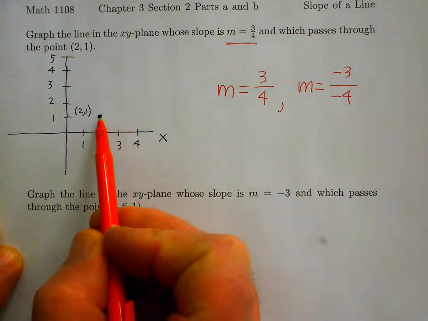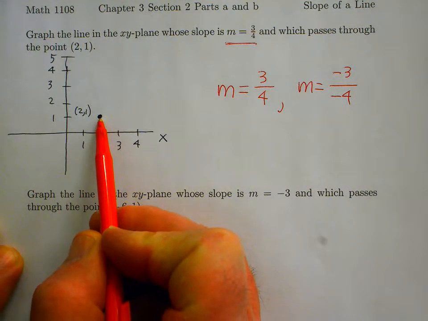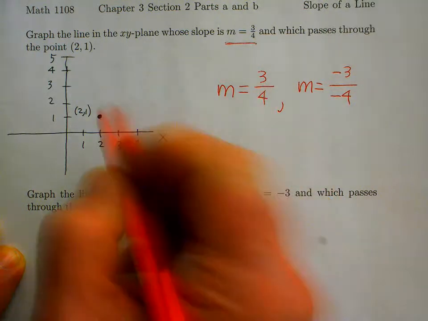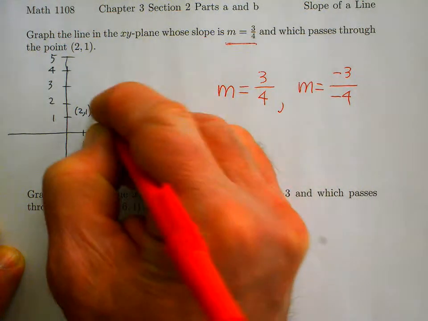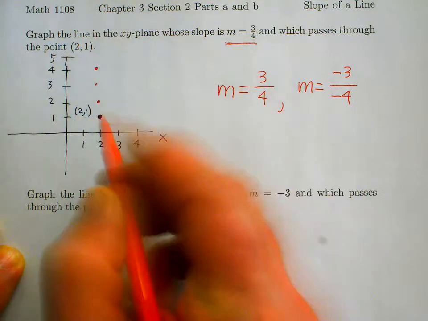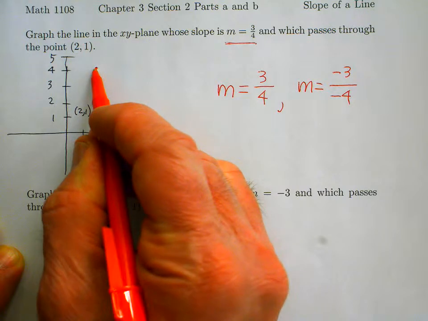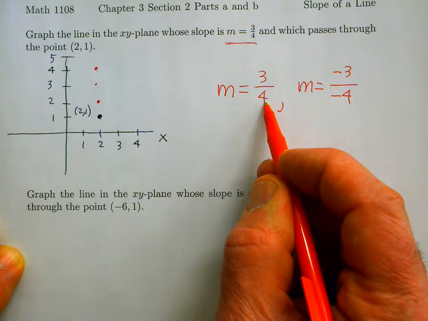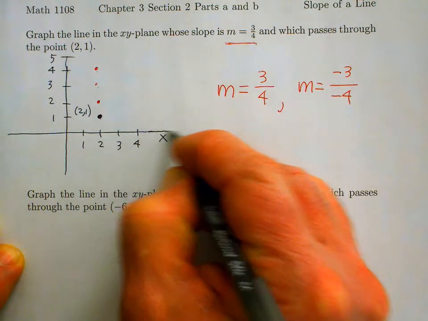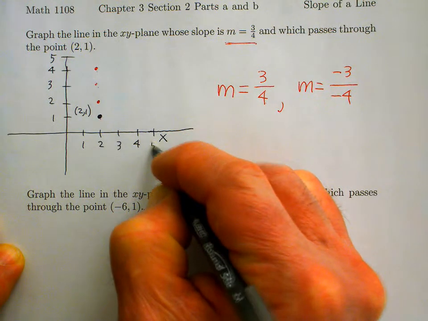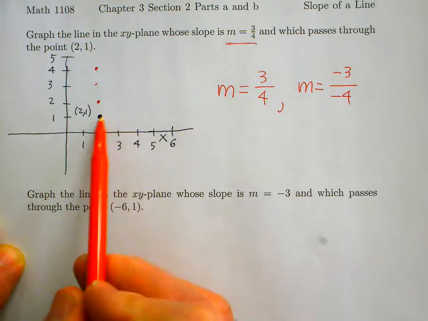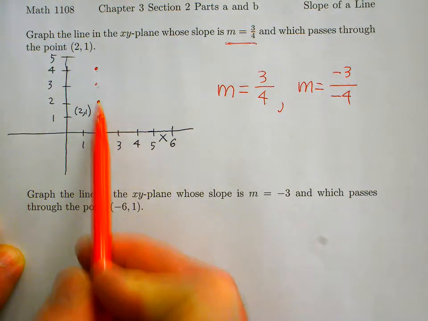So from this point that we know is on the line, we're going to rise +3. So that means from this point, we move vertically upward 3 units. So 1, 2, 3. The run is +4. So it looks like I need more points here. Okay, so from (2, 1), we have a rise of 3. So 1, 2, 3.